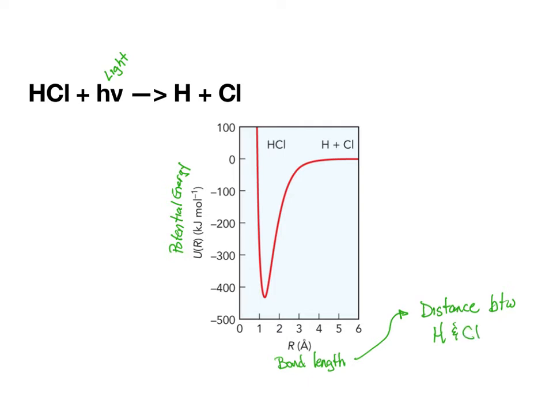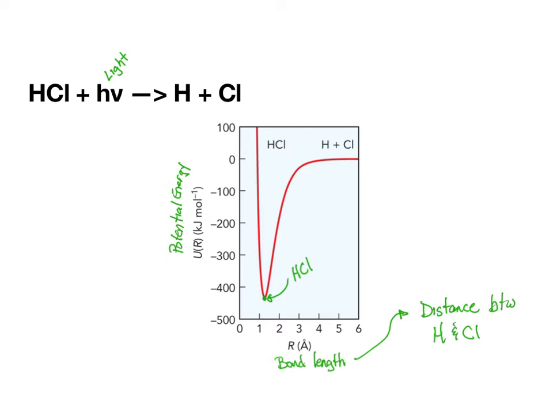And so when we have HCl sitting around at room temperature, it has an optimum bond length. That optimum bond length of HCl, that equilibrium bond length, has the lowest potential energy. This is the definition of the bond.